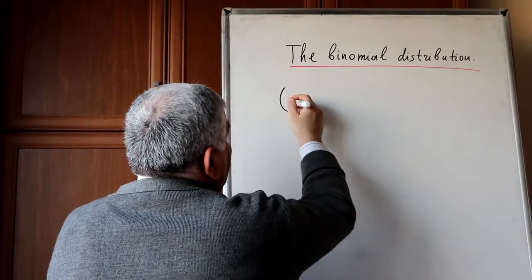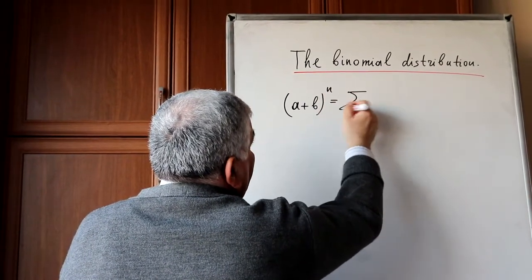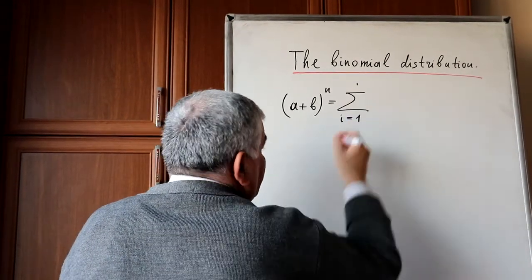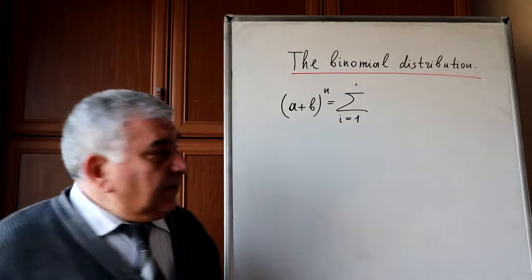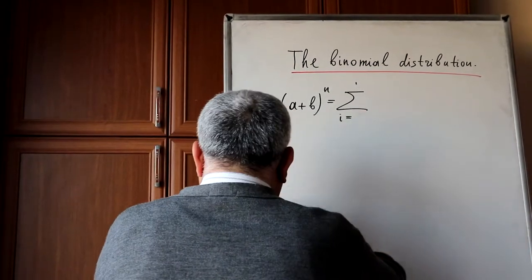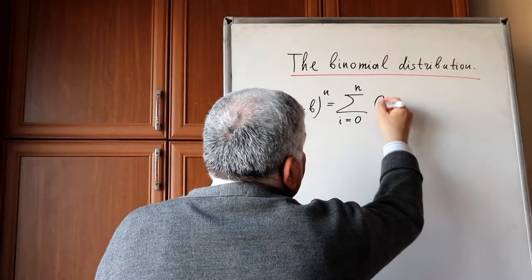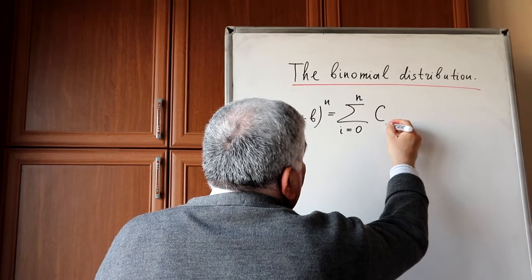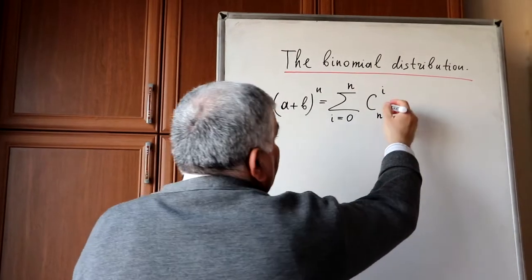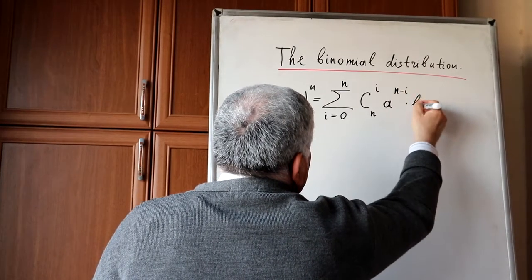Newton binomu: a plus b to n equals sigma for i from 0 to n of C of i from n, a to n minus i multiplied by b to i.